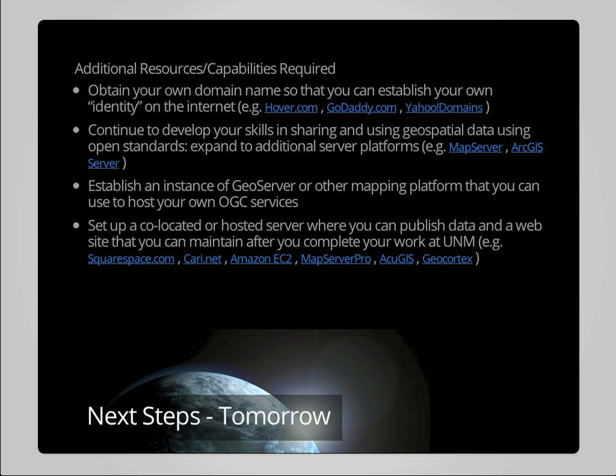MapServer is the platform that we use at the Earth Data Analysis Center for many of our online mapping applications. It's the foundation for the New Mexico Resource Geographic Information System.